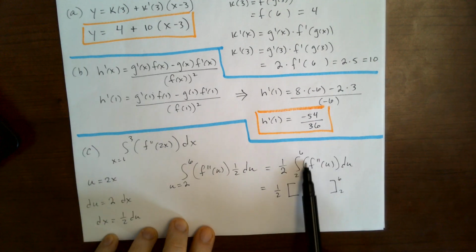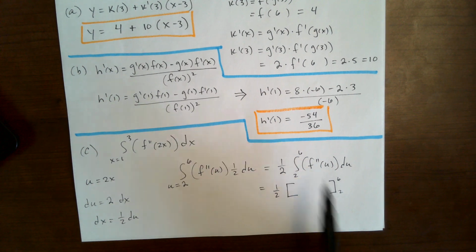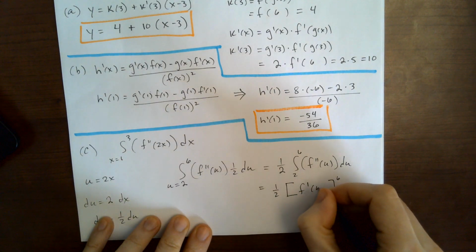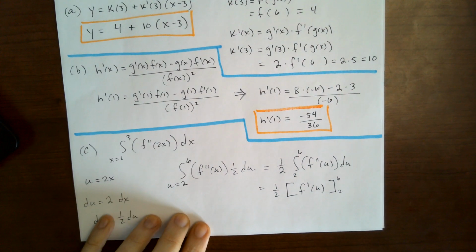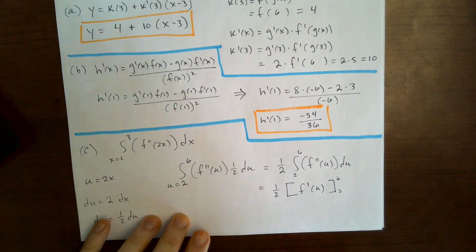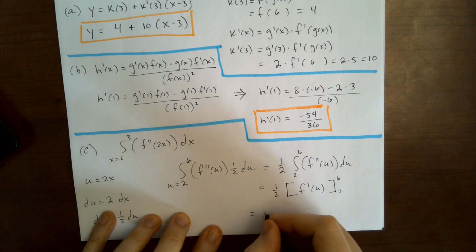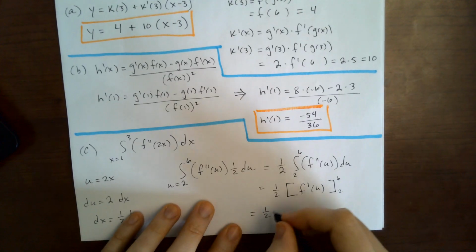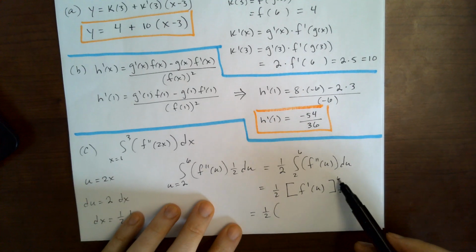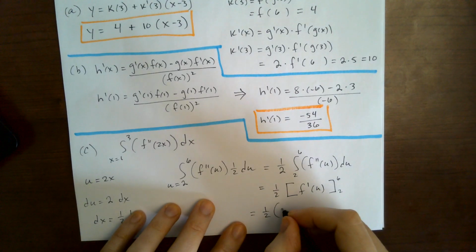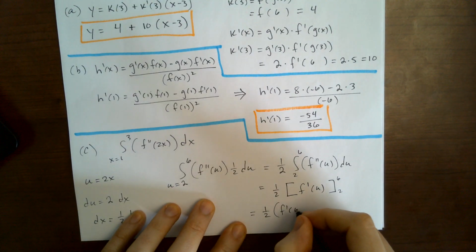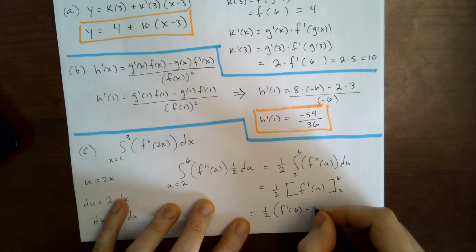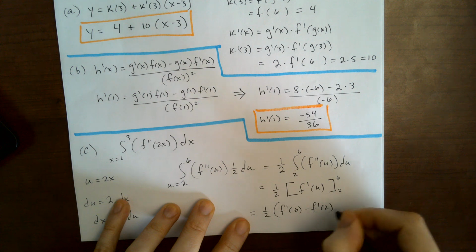So what is the antiderivative of f double prime of u? It's f prime of u. And now that was just the first part of the fundamental theorem. Now I plug in the top, f prime of 6, minus, plug in the bottom, f prime of 2.